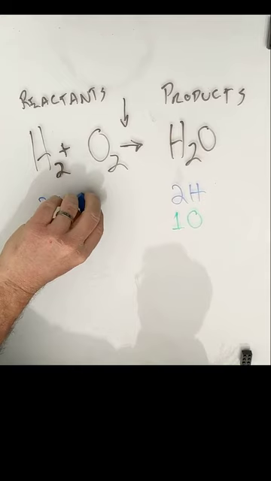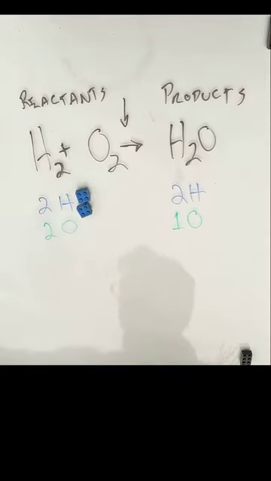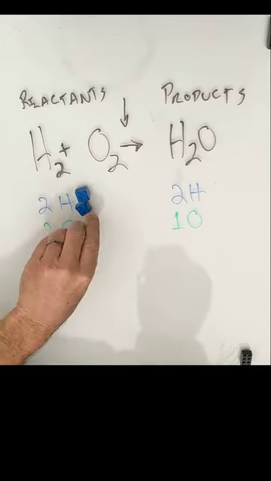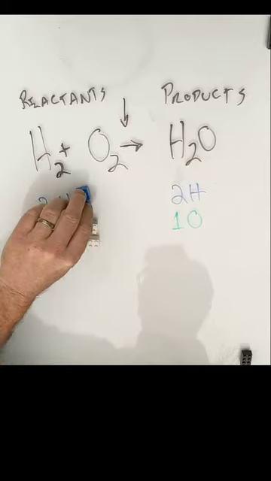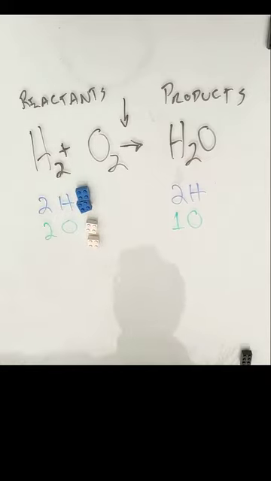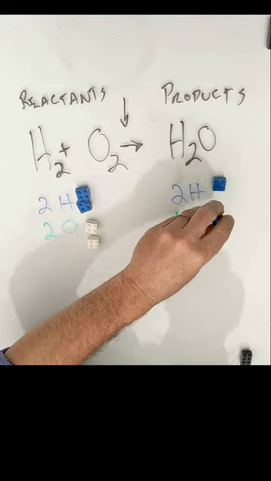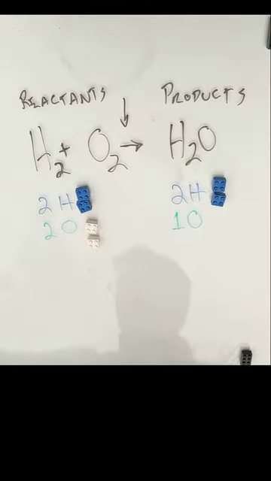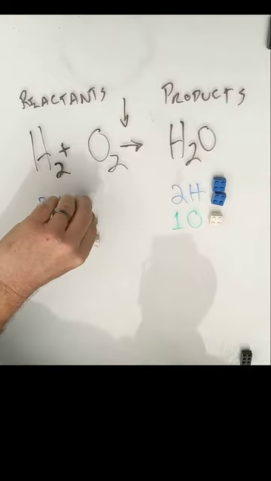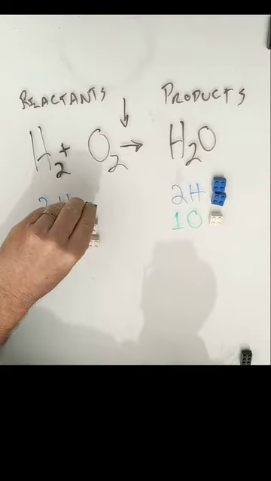So this is 2 hydrogen, and then we have 2 oxygen. That's what's on this side. On this side we have the 2 hydrogen, and we have the 1 oxygen. Now, here's the trick. These 2 hydrogens are stuck together.